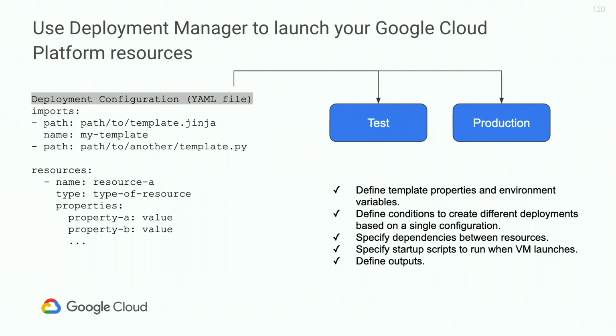You should give it a name: how do you want to call these resources? The second is the type, meaning which type of resource you want to use, maybe a VM, a data store, etc. And the third is the properties, which specify the spec of the resource.